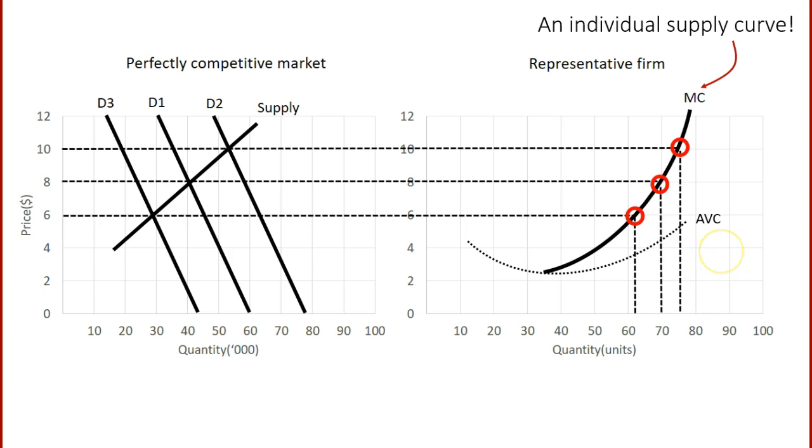But it's not the whole marginal cost curve, only down to the lowest point on the average variable cost curve, or where it cuts the average variable cost curve in the short run. That portion of the marginal cost curve will function as an individual supply curve.